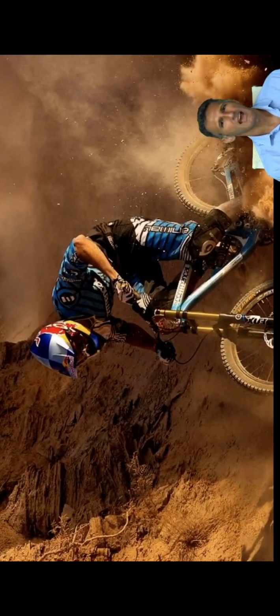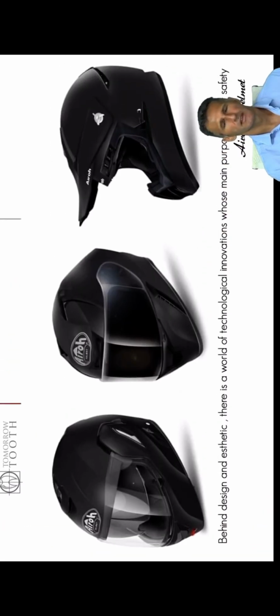This is the reason why I've stopped completely doing shoulders, doing horizontal preparation. I want to give another kind of example. These are helmets, when you go on your motorbike. Helmets are something that nowadays they work a lot on the aesthetics of, too. But I want to highlight this sentence: behind design and aesthetic, there is a world of technological innovation whose main purpose is your safety.